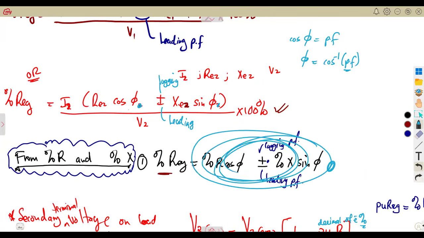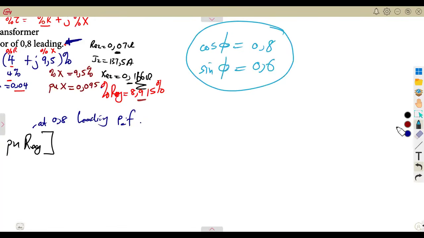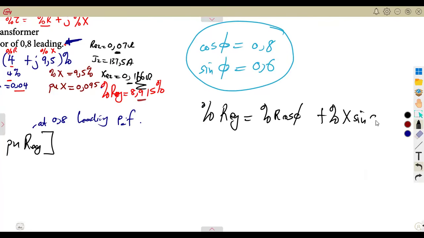You have similar answers, just a little bit of difference. So percentage regulation from this formula is given. Remember, it's percentage resistance times cos of phi plus percentage reactance times the sine of phi, or you can use the other formula depending on your understanding.